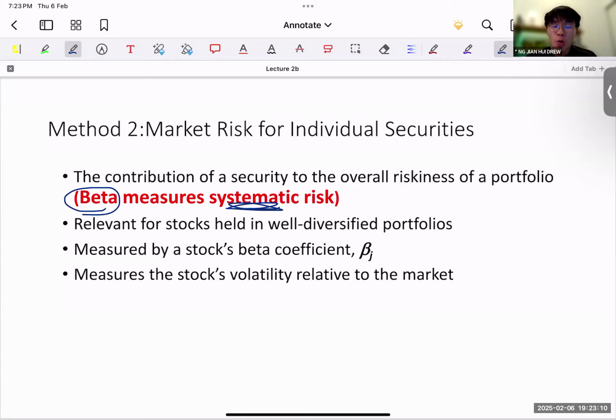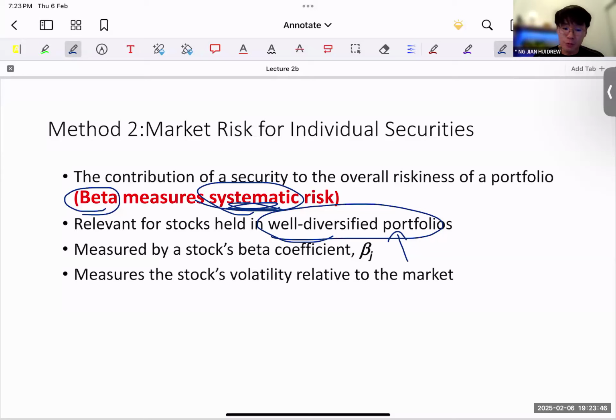Okay, so systematic risk is risk that is intrinsic to the security or the stock. Intrinsic means that it cannot be diversified away. Now, in a well-diversified portfolio, all your unsystematic risk has all been diversified away, right? So this is what we covered in FIN 203. So it's just a recap. So that's why it's not placed here. But I'm just trying to explain in case those that have not taken that module, right?